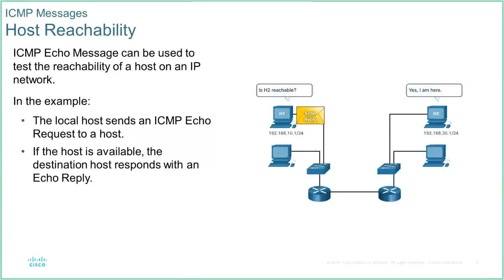So echo messages, i.e. ping, are used to test whether a host is reachable. The way it works is within ICMP, the actual parts of the protocol are echo and echo reply. So we send an echo request out to the host that we want to check the connectivity to, and it will reply to that request saying, yes, I'm here.